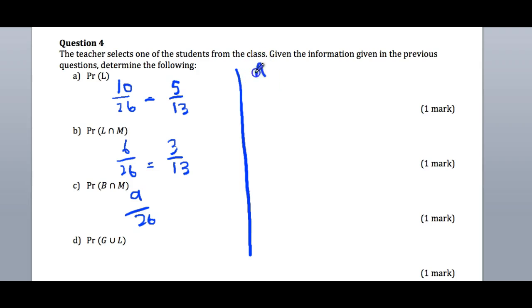What we're going to be doing soon, and we've probably done it before you watch this video, is use the addition rule of probability.